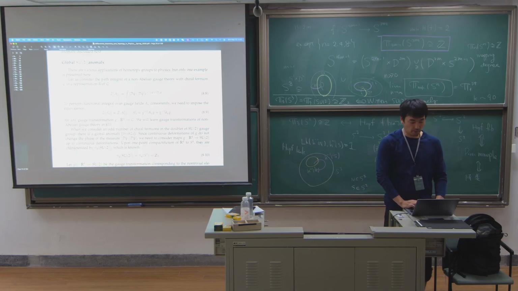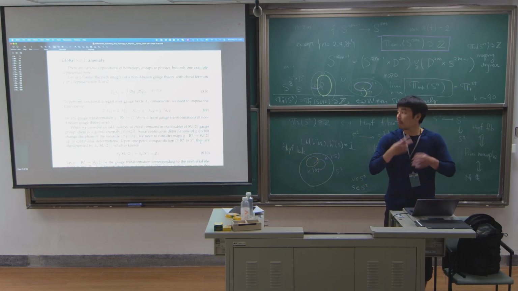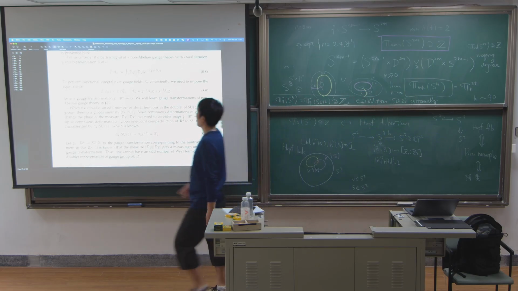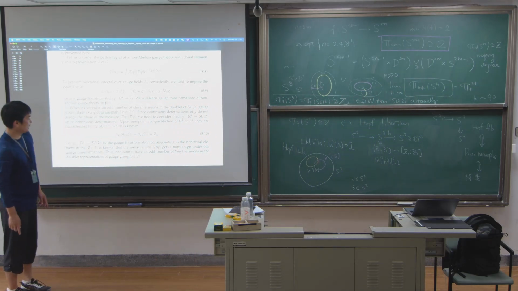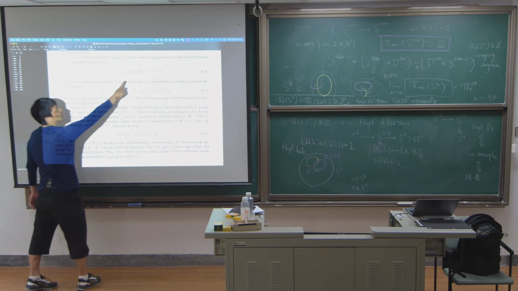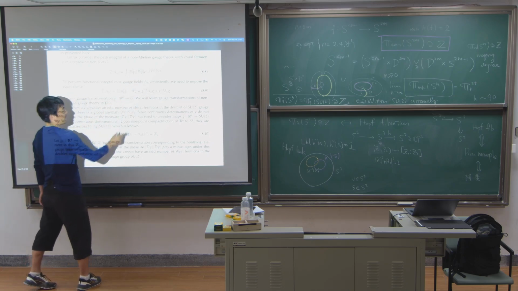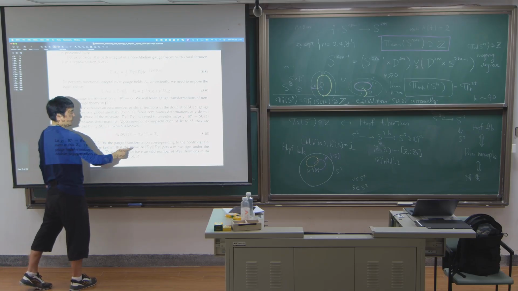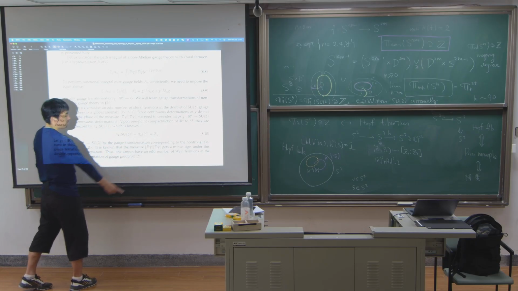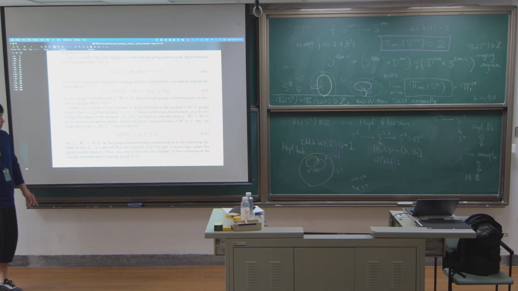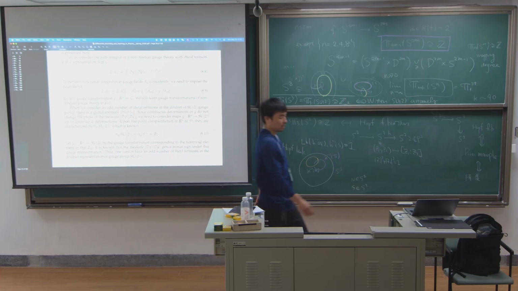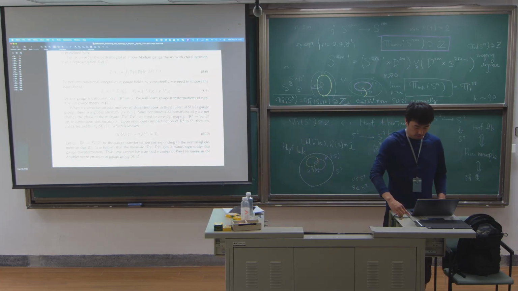It's better to explain here: this measure gets a sign under the gauge transformation if you have an odd number of Weyl fermions. So in 3+1 dimensions, you cannot have an odd number of Weyl fermions. So that's it.